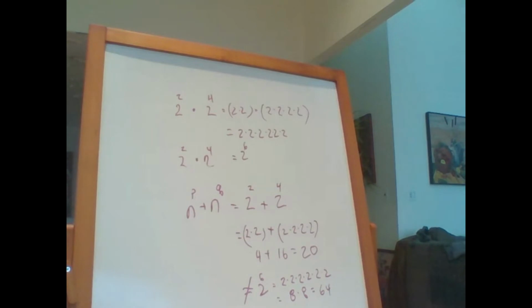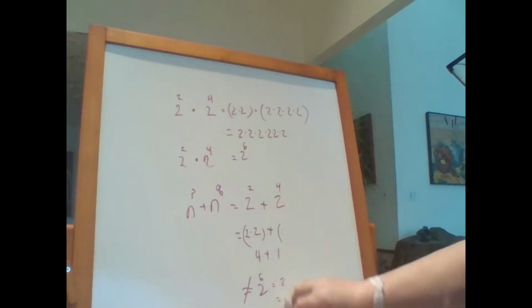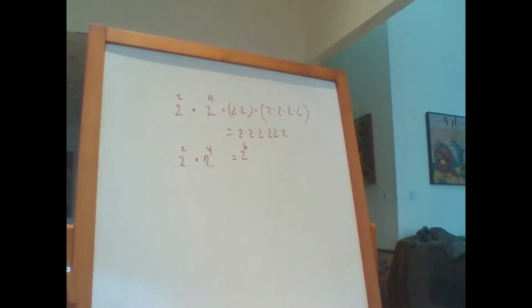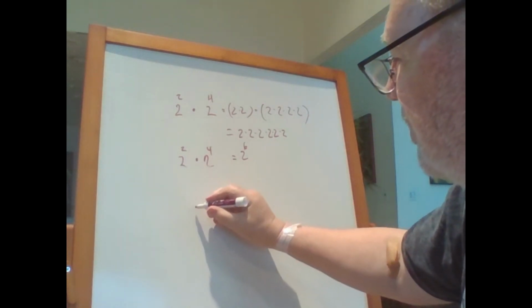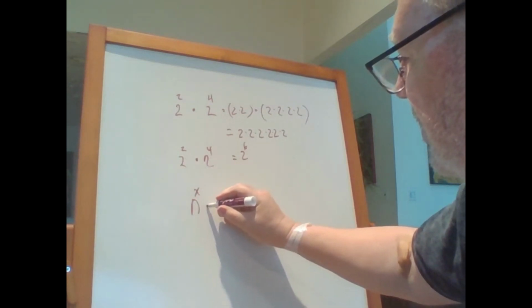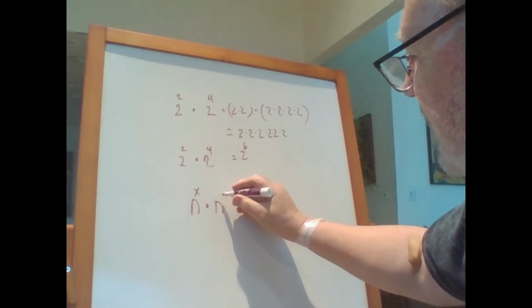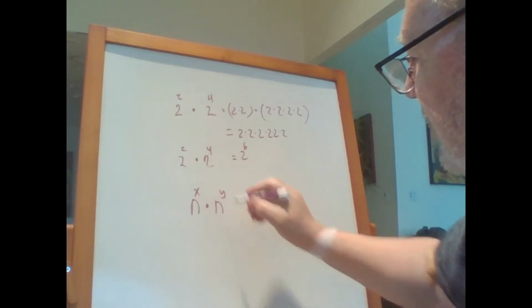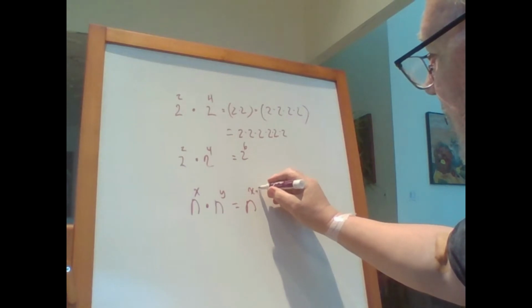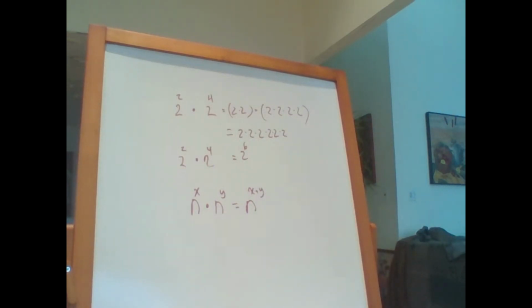So you have to be careful with the law of exponents. It only applies when the bases are the same and they're multiplying one another. So that's the condition. The base has to be the same, and it has to be multiplication. Okay, that's very important.